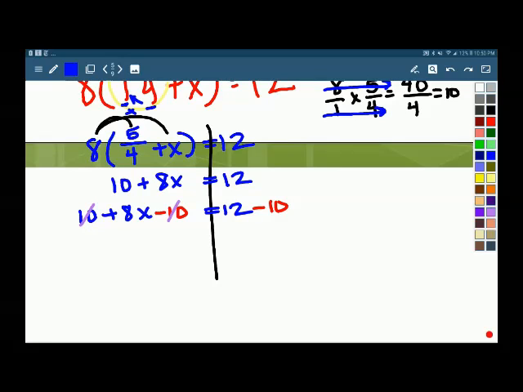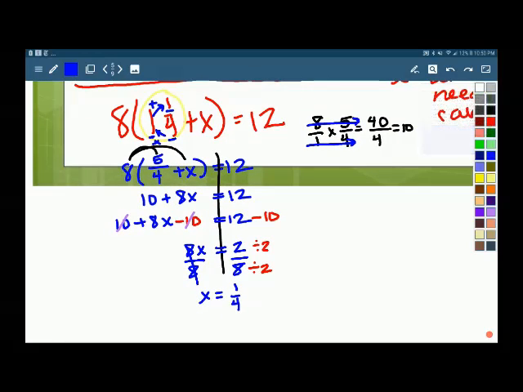Drop down that 8x. 12 minus 10 is 2. And then divide that 8 off. Now, please don't type in your calculator 8 divided by 2. That clearly says 2 divided by 8. So just reduce, or simplify. Both 2 and 8 are divisible by 2. So your final answer: 2 divided by 2 is 1, 8 divided by 2 is 4.